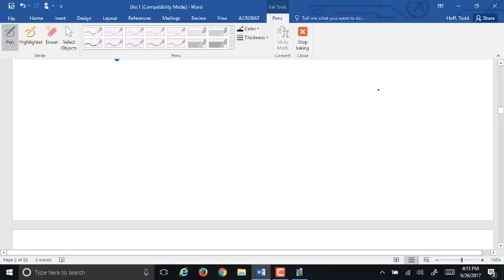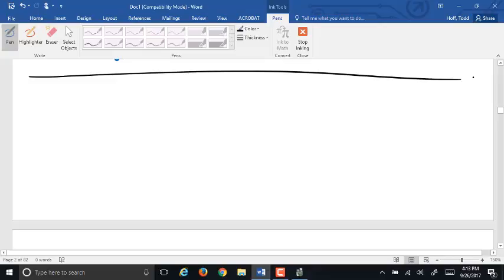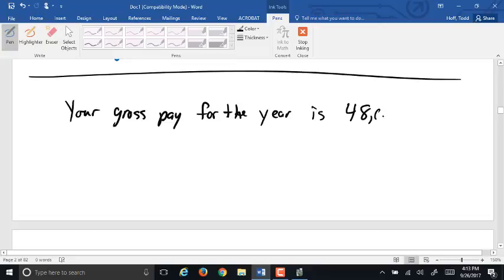Okay, so now our next step is we want to look at word problems. The word problems that come up with this are kind of forced just because it's really hard to come up with practical word problems for stuff like this. But things like your gross pay for the year is $48,000.